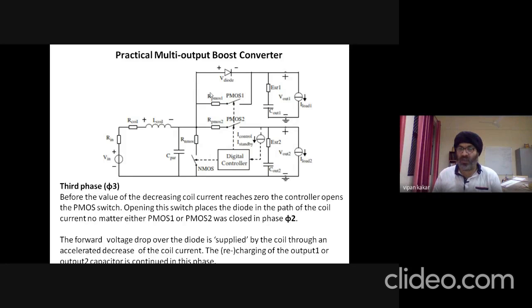And now only the diode takes the path, as we saw in the boost converter. So in phase 3, whatever small energy remained after phase 2 in this coil has to be transferred through this forward-biased diode to the output.